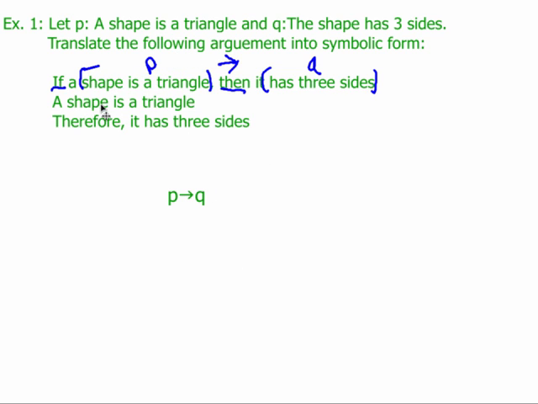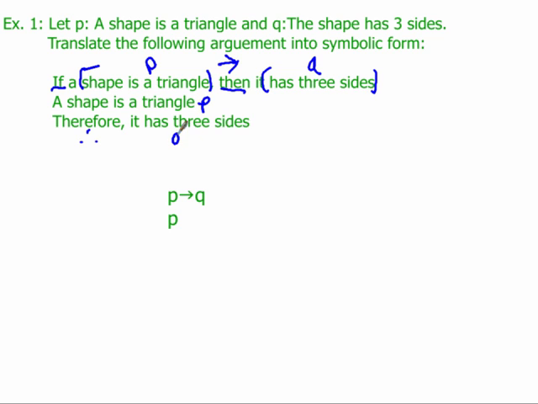My next line says a shape is a triangle. Well, I know that's just P. So my next line is just P. And my third line is therefore. Remember, therefore is my 3 dots. And it has 3 sides.